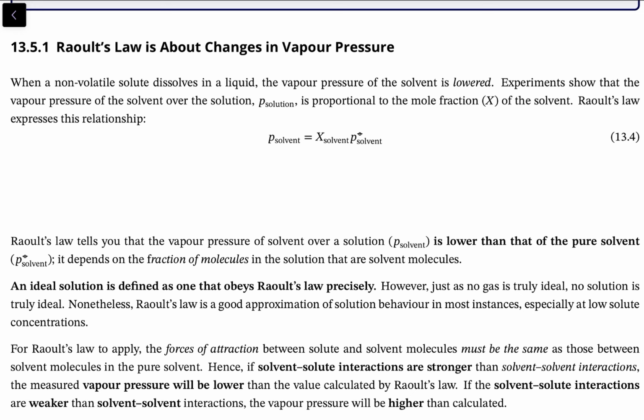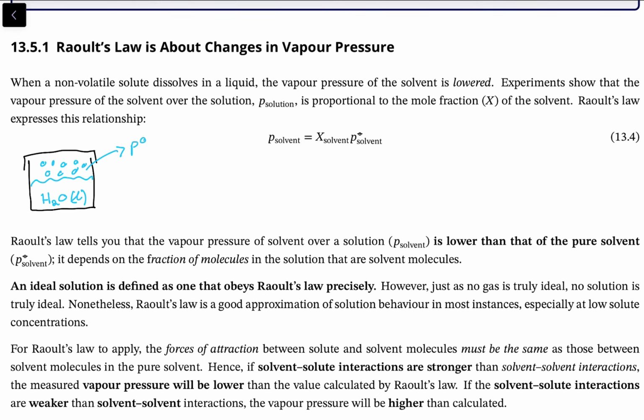So let's imagine a situation, so I'm going to draw it down here, where you have a sealed container and you have a liquid, some liquid water. And this liquid water will, of course, have a vapor pressure or some vapor associated with it, right?